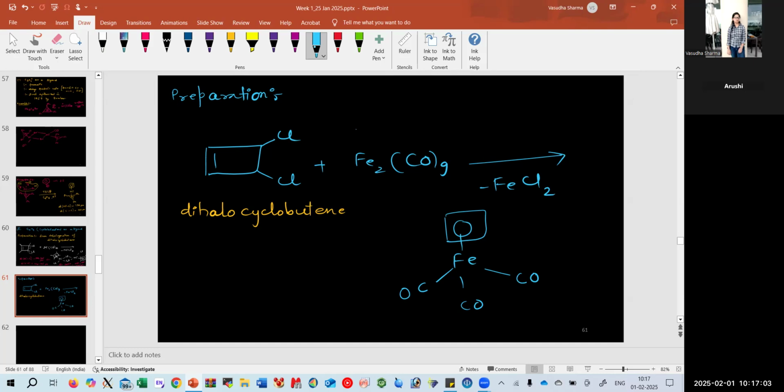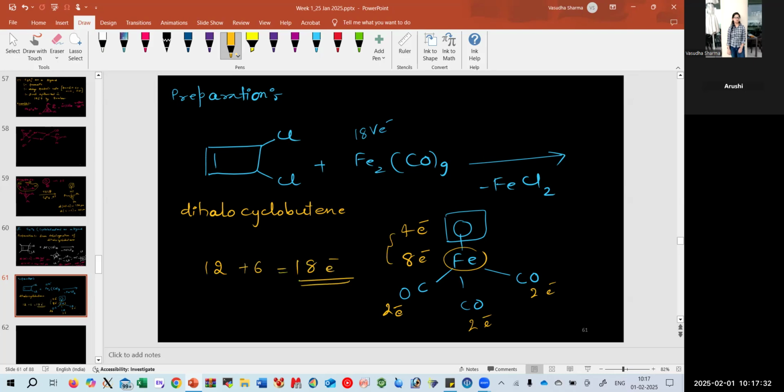So here also it follows the 18 valence electron rule. If you calculate, cyclobutadiene gives you 4 electrons. Iron is atomic number 26, that means 3d6 4s2, so total electron contribution is 8. 2 electrons come from each CO, so 6 from the three COs. Total, you have 12 electrons from here plus 6 electrons, that is 18 electrons.